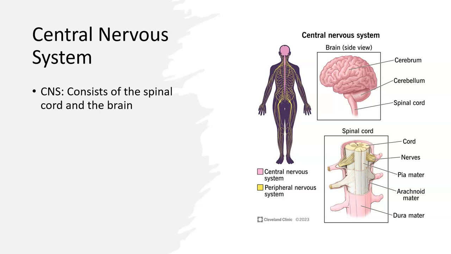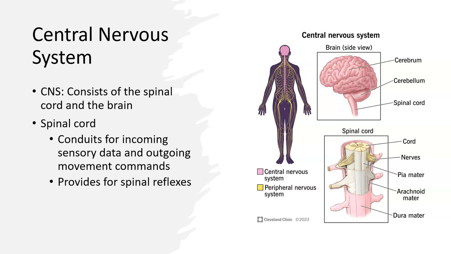The brain and spinal cord create that up and down conduit, whereas the peripheral nervous system branches out into the rest of the body. The spinal cord is essentially a big highway for both incoming sensory data and outgoing commands for movement and so on.